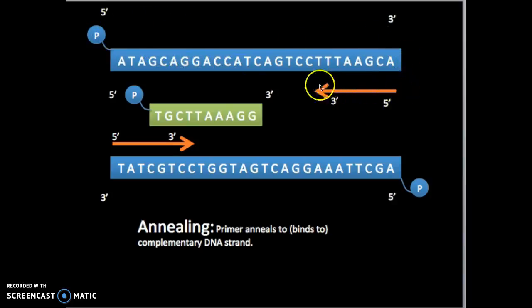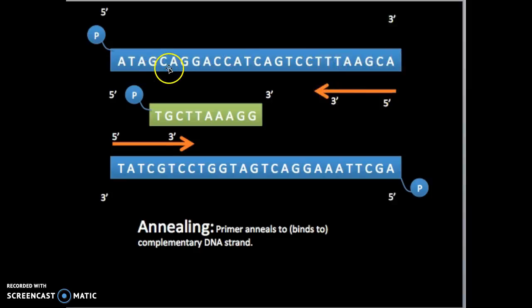If it binds to the bottom strand, it'll be able to keep its directionality, 5' to 3', and it will have to find its complement in this bottom strand. I'll just tell you right now that these primers always bind in the reverse orientation to the 3' end of the strand that you're given.